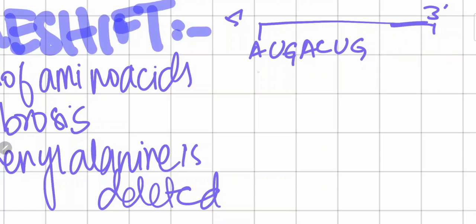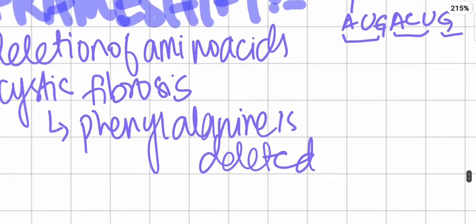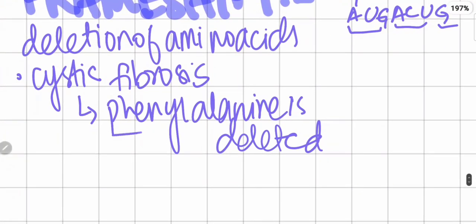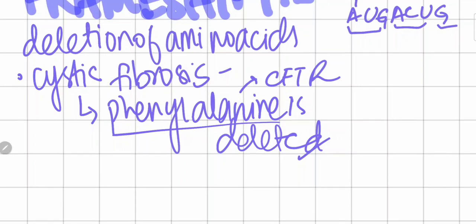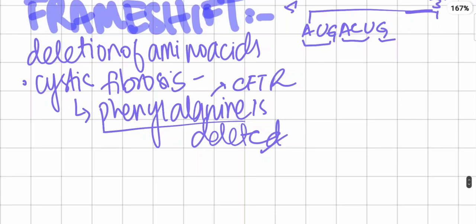Now the frame of reading is going to be the same, but still there is a disease called cystic fibrosis, in which phenylalanine is deleted, the whole codon is deleted, and that causes cystic fibrosis, that causes problems with the CFTR protein, and that's that. Even though the reading of the frame is not getting disrupted, we still have this problem in cystic fibrosis. So that is frameshift mutations.